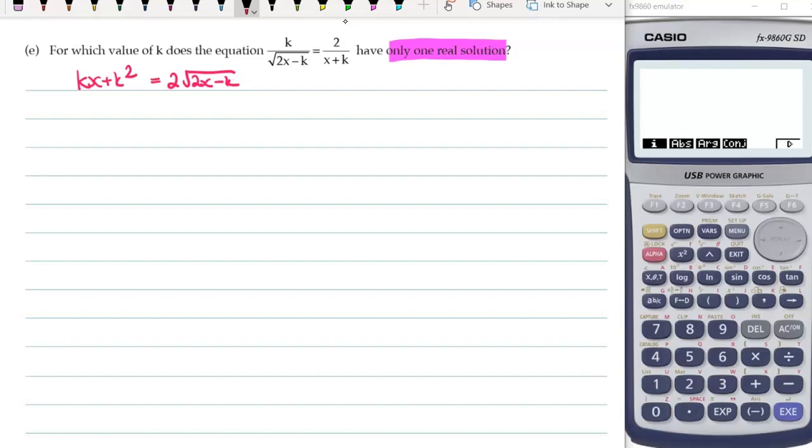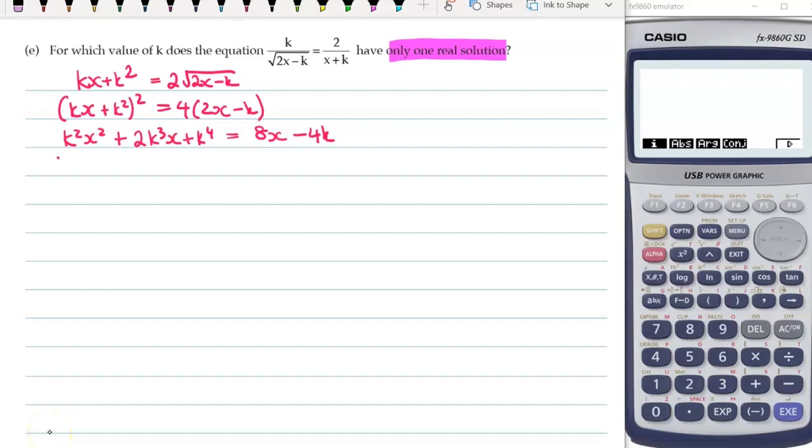Let's square both sides. So we'd have kx plus k squared is equal to 4 times 2x minus k. So we have k squared x squared plus 2k cubed x plus k to the 4 will be equal to 8x minus 4k.